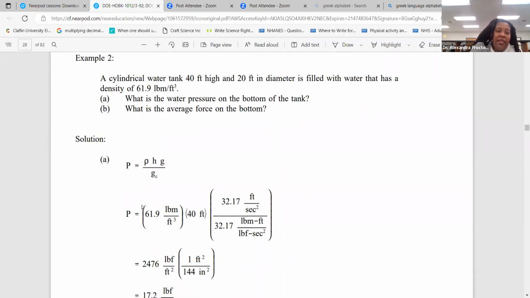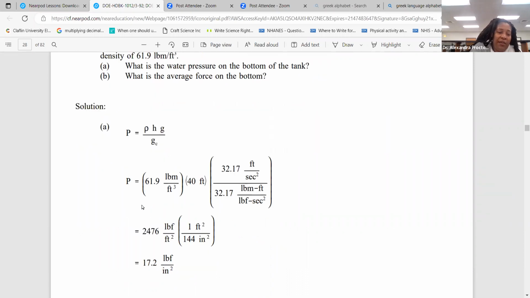So in order to calculate pressure, pressure is equal to rho Hg over g sub c. P is equal to 61.9 pound mass per cubic foot. For H, they substitute in 40.